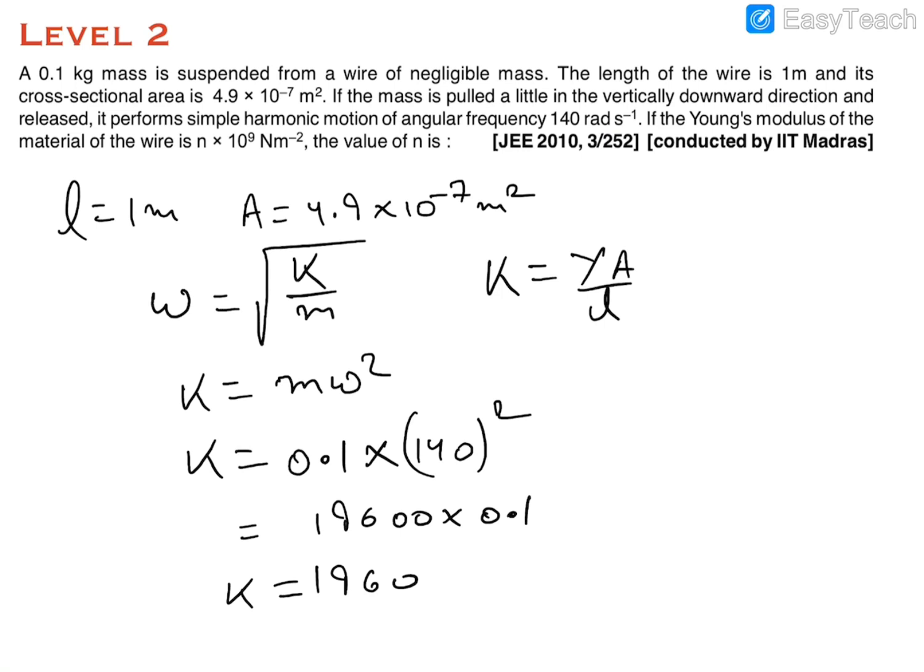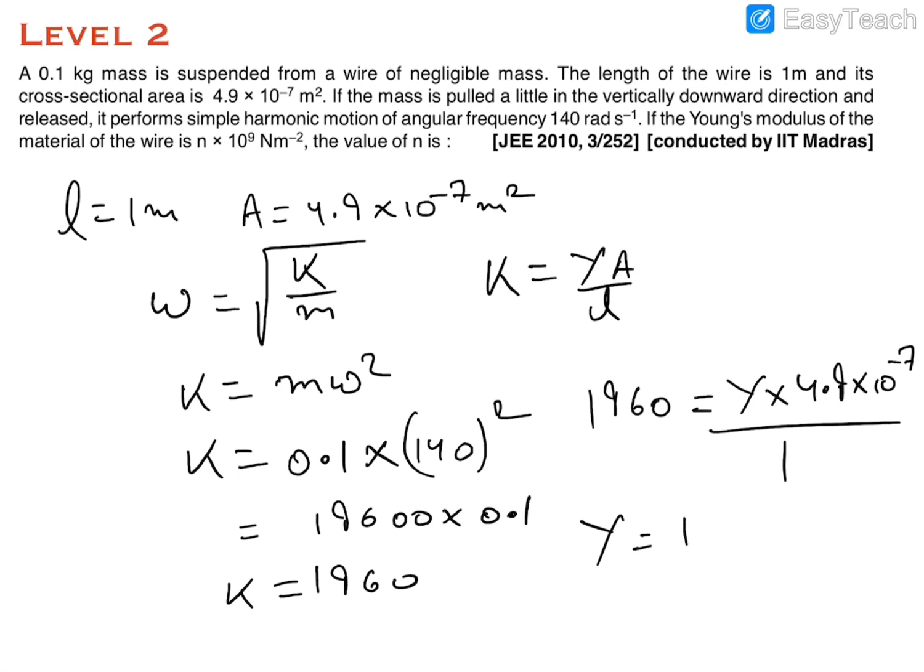Now we have to find out the value of gamma. So 1960, which is k, is equal to gamma into the area. Area is 4.9 into 10 raised to power minus 7. And the length is 1 meter. So gamma is equal to, this is 19.6 into 10 raised to power 2 divided by 4.9 into 10 raised to power minus 7.